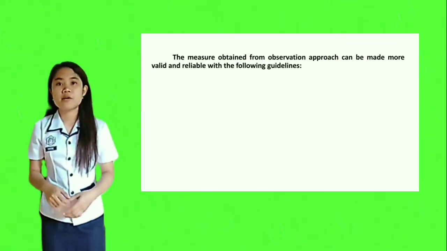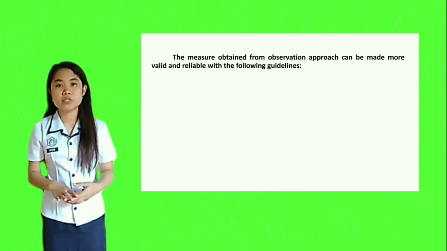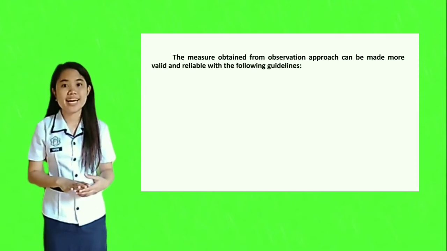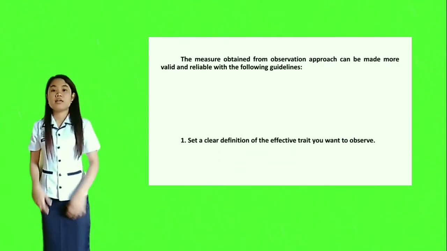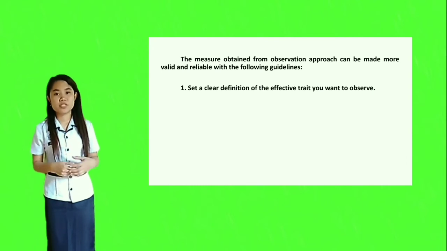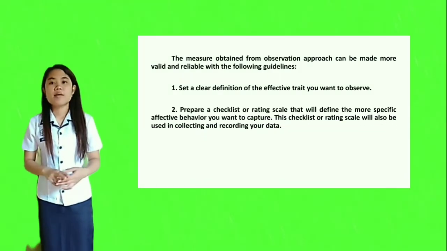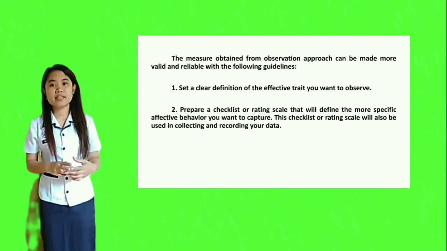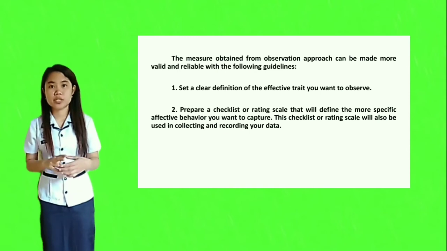The measure obtained from the observation approach can be made more valid and reliable with the following guidelines. First, set a clear definition of the affective trait you want to observe. Second, prepare a checklist or rating scale that will define the more specific affective behavior you want to capture.